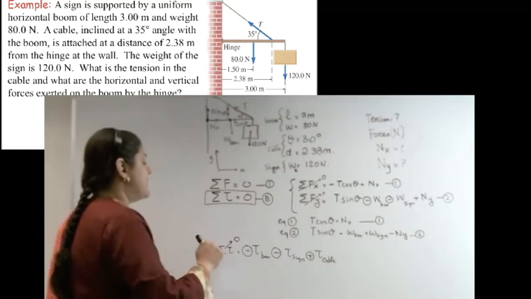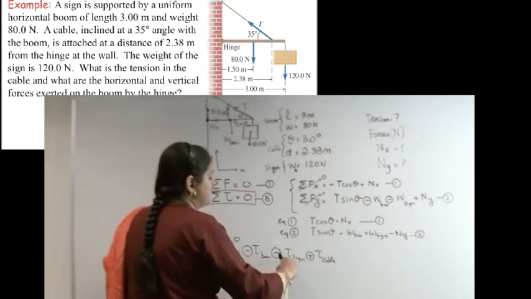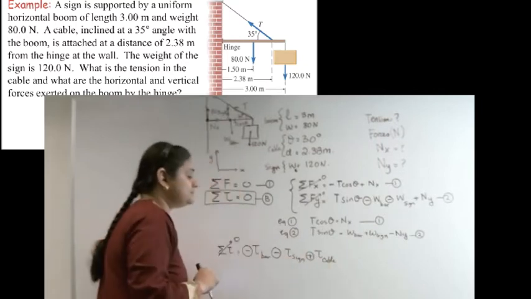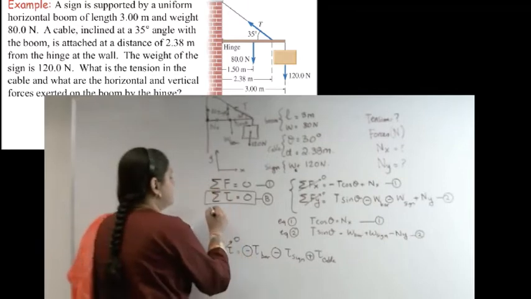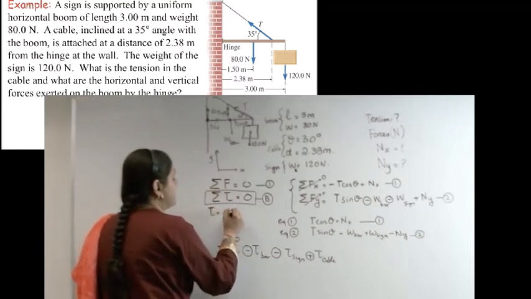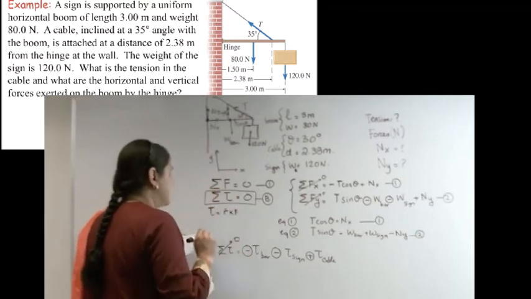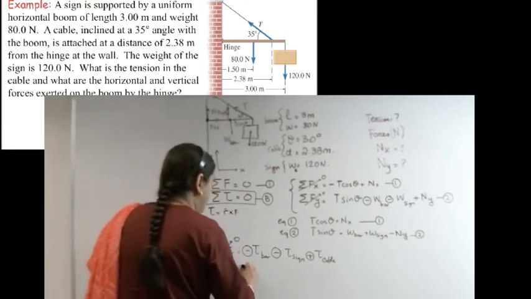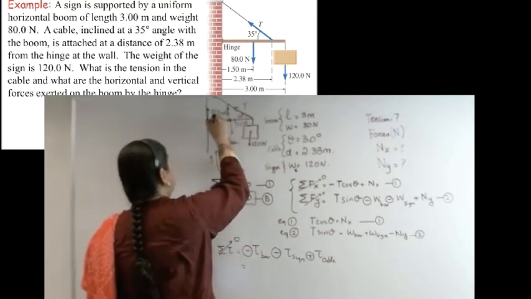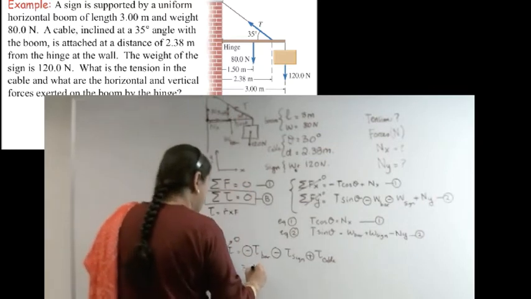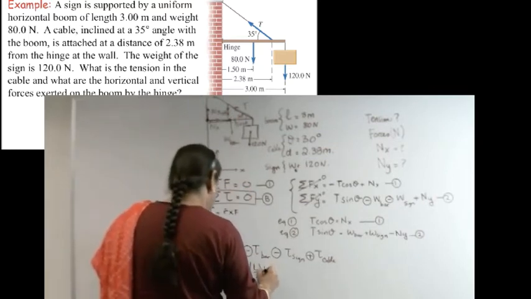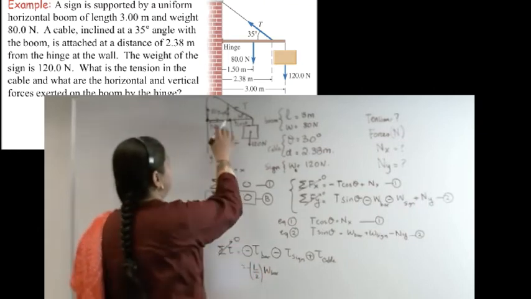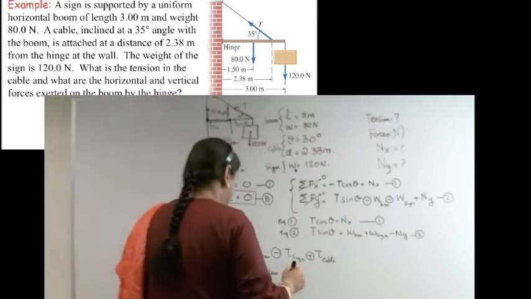What am I left with? I am left with the torque in the bar, the torque in the sign, and the torque in the cable. Now, if you remember, torques are always R times F. So for the bar, since R is the length, it is going to be L over 2 times the weight of the bar, times sine of theta, and the angle is going to be 90 degrees.